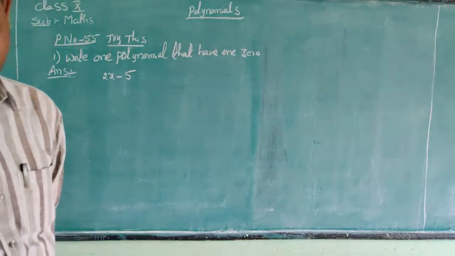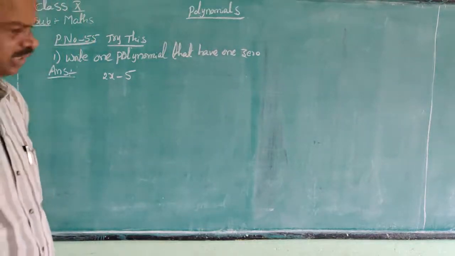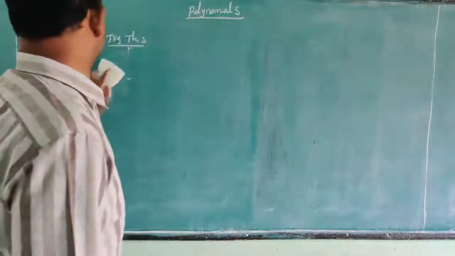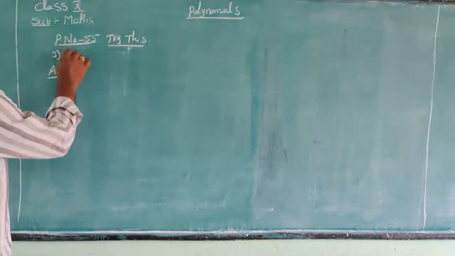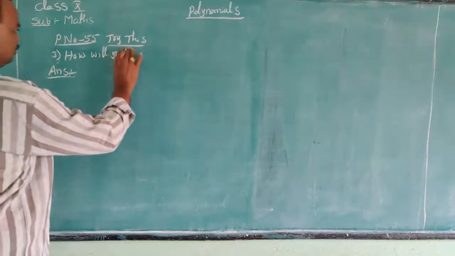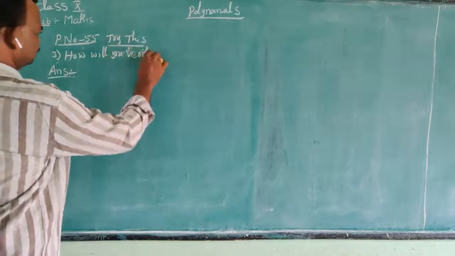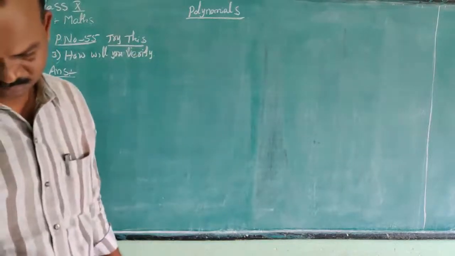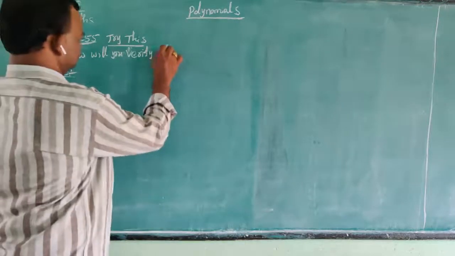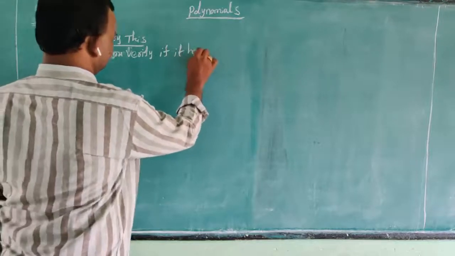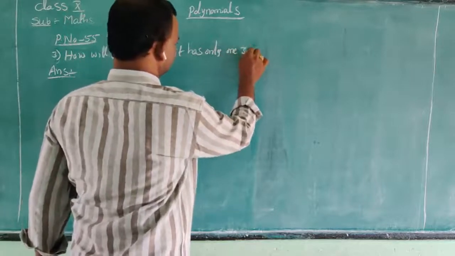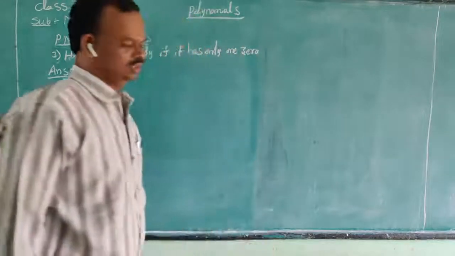Next, the third one: how will you verify that a polynomial has only one zero?